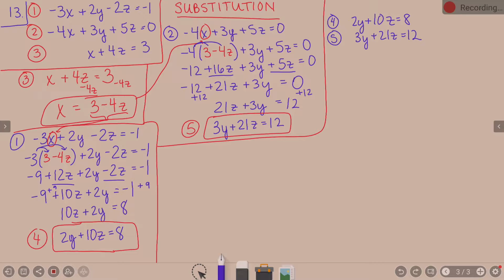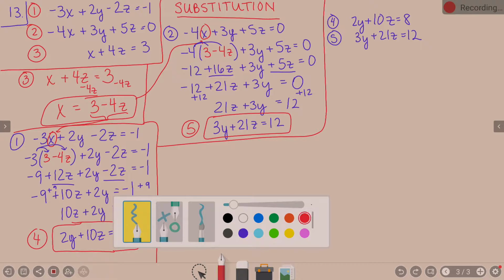Neither of those equations looks nice to solve for x or y. So to me, the question becomes, do I want to eliminate y's or do I want to eliminate z's? Definitely y's, because I don't feel like making 10 and 21 210 would be the smallest number there. 2 and 3 can become 6, right? Because 2 times 3 is 6. So you use 6.